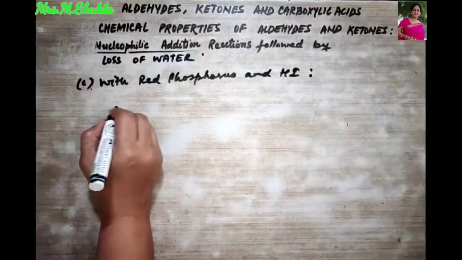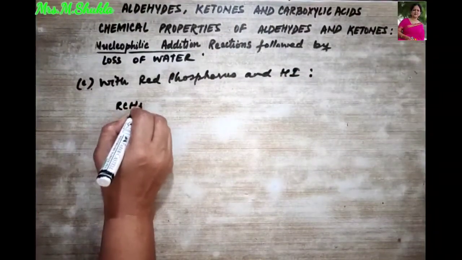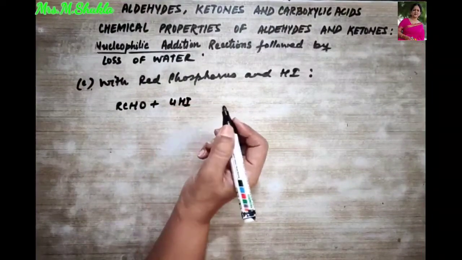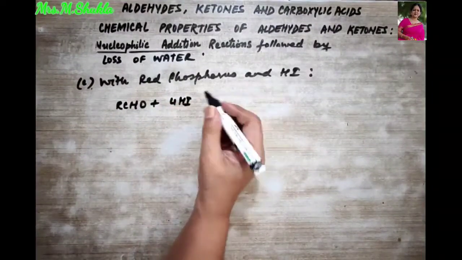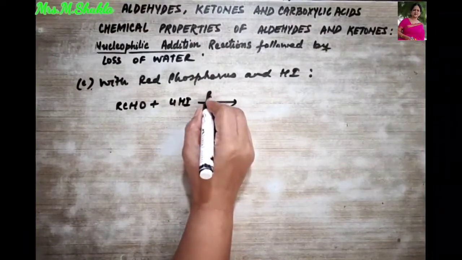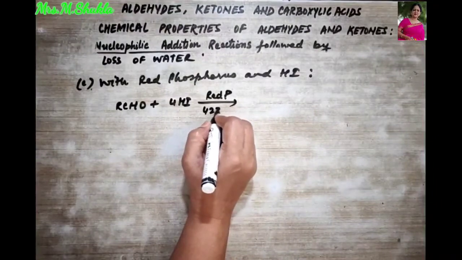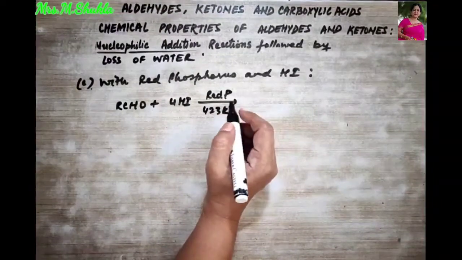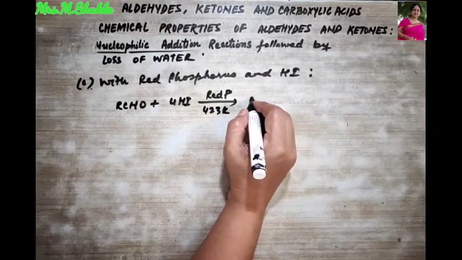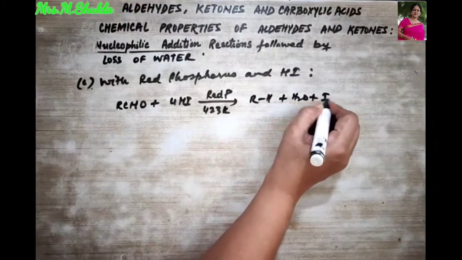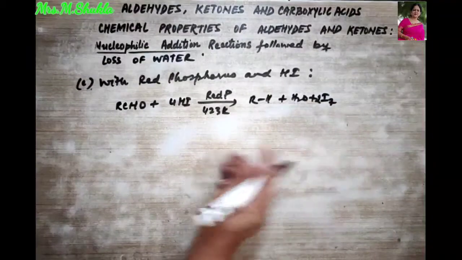If we talk about an aldehyde, when treated with HI, hydrogen iodide, in the presence of red phosphorus at temperature 423 Kelvin, it is going to form an alkane, that is RH, plus water, and iodine will be given out.